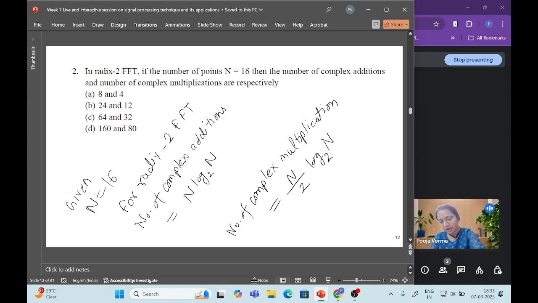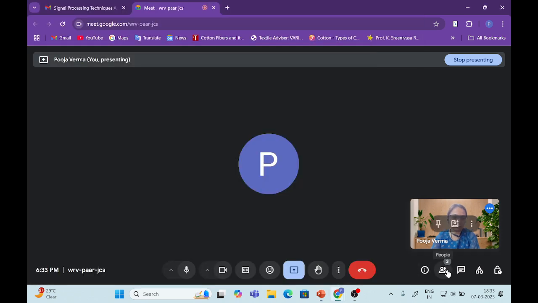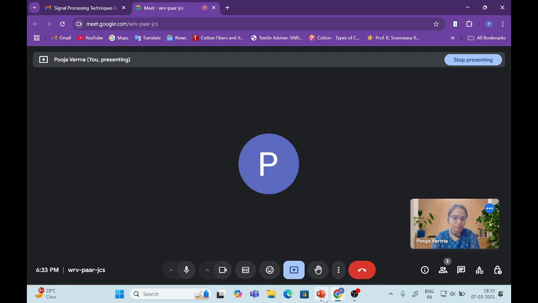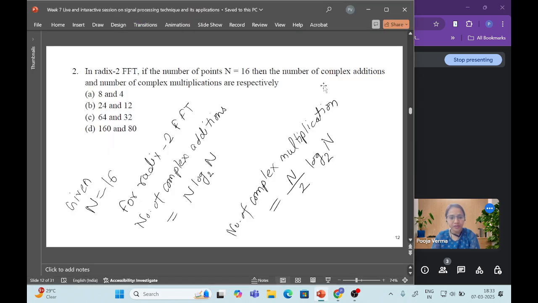N is given, N is equal to 16. Can you calculate and answer in the chat box? Try to answer for this question.